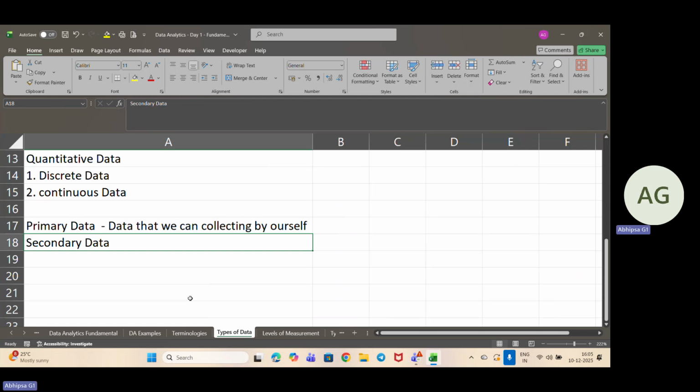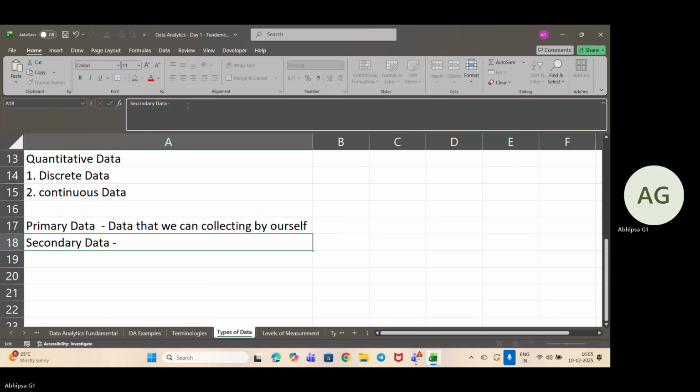Secondary data is the data already collected by someone else, but we are using it, like government data sets, Kaggle data sets, research papers, historical rainfall data.